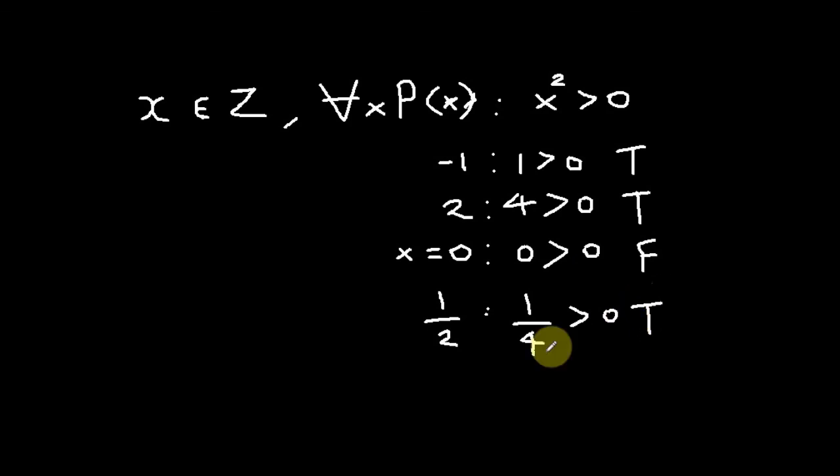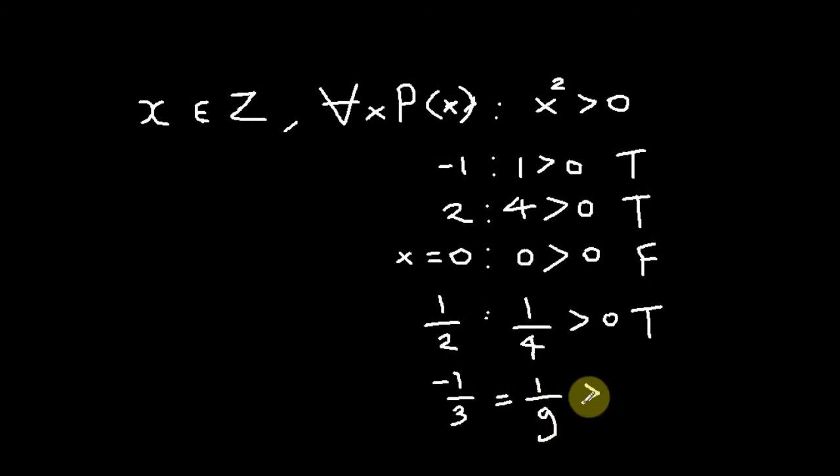So it's a good thing that it works for rational numbers also, and even negative rational numbers. Let's see if we have a negative rational number, -1 by 3. A negative rational number will again give me a positive number, 1 by 9, which is obviously greater than 0. So this is true. So basically it works for all the numbers, okay, except 0.